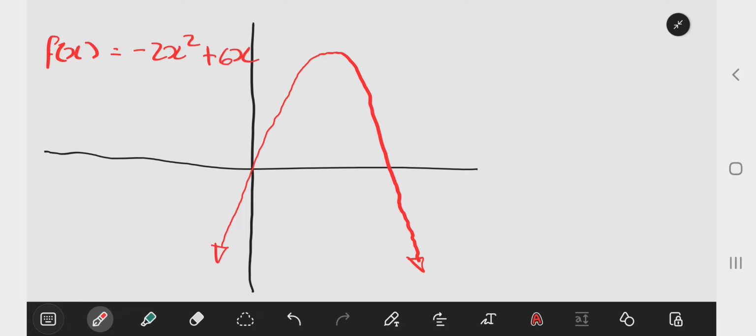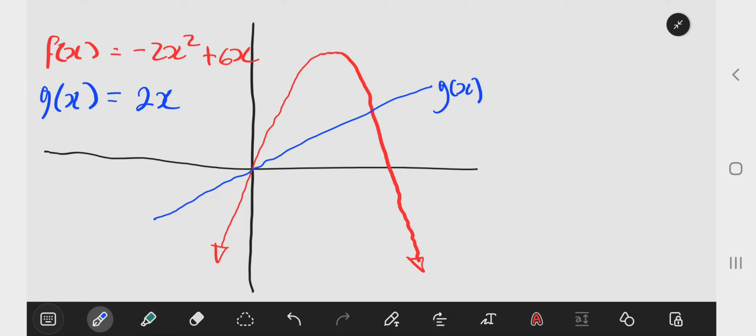So le ile quadratic equation yakho, and then bese siba any function la, which is a straight line, which is g of x. Okay, g of x is equals to 2x, so it's a straight line. So now g of x la, and now f of x la, which is your parabola or your quadratic function.